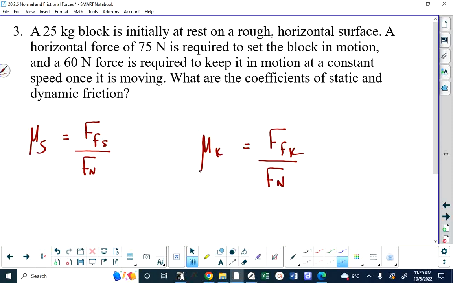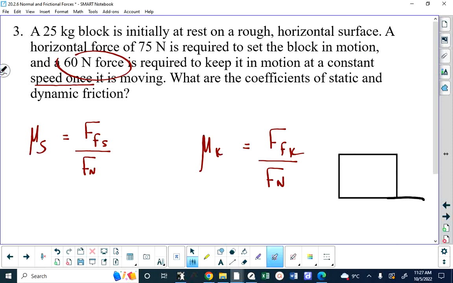But if 60 newtons is required to keep it moving at a constant speed, then that means while it's moving, you're applying a force forward of 60 newtons.